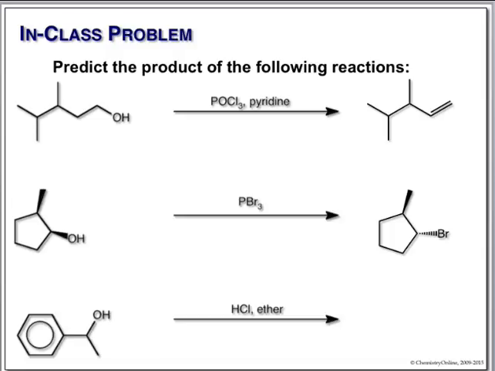This next one is kind of a bad reaction. We see we have a benzyl alcohol here, and we have HCl and ether. There are two possible products here. Clearly, we're going to make the benzyl carbocation. Whenever we have a unimolecular reaction like that, we can get two products.